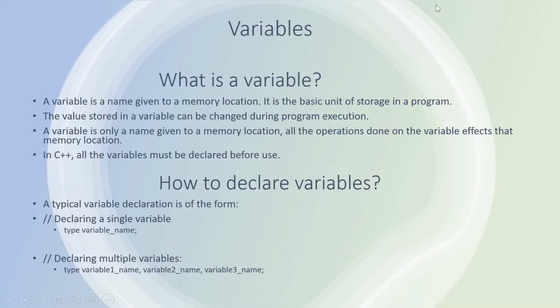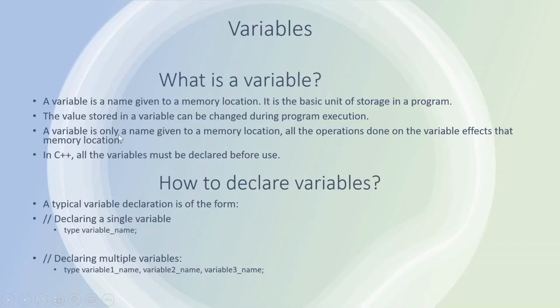Now we can see what a variable is. A variable is a name given to a memory location. It is the basic unit of storage in a program. You can also say that a variable is an identifier of the memory location. The value stored in a variable can be changed during program execution, which means you can change the value of a variable whenever you want.